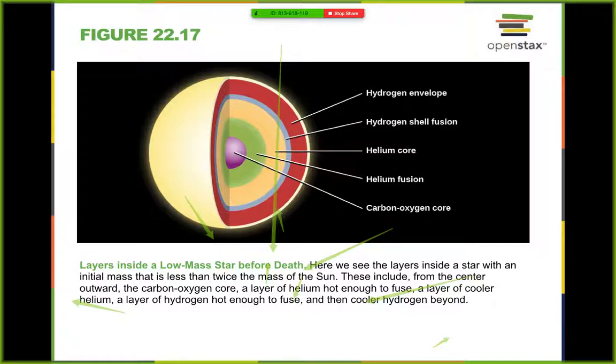Now, when this happens, again, the core heats up and contracts under the weight of the star, so the carbon-oxygen core contracts, and the outer shells go into more fusion. So you have a helium fusion shell on top of this core, and a hydrogen shell fusion going on top of everything, like a blanket.